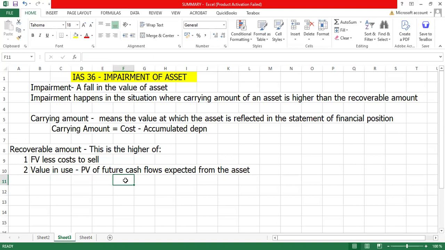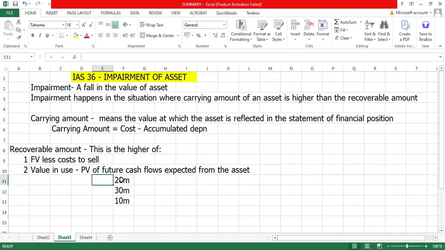Probably if you use that asset, you may receive cash inflow of 20 million in the first year, 30 million in the second year, and 10 million in the third year.